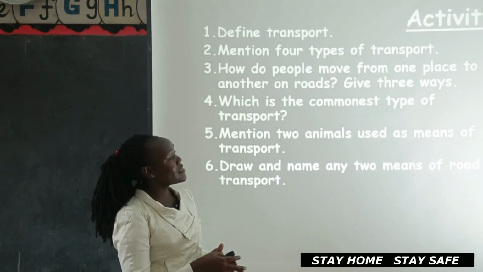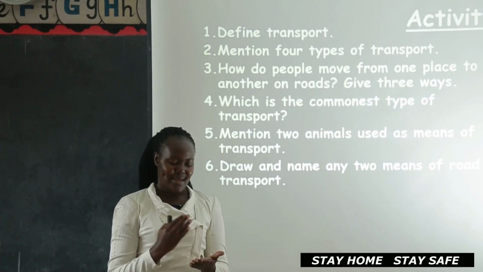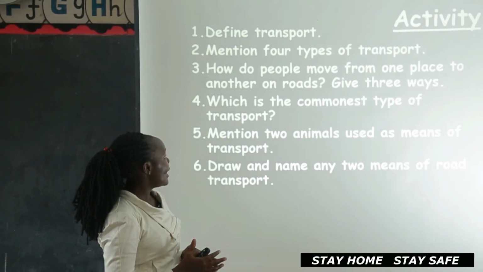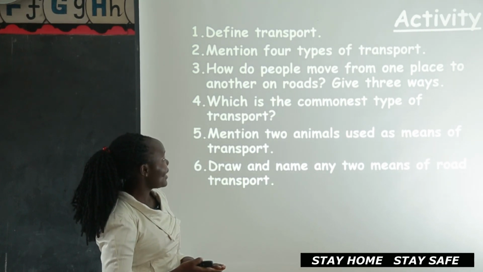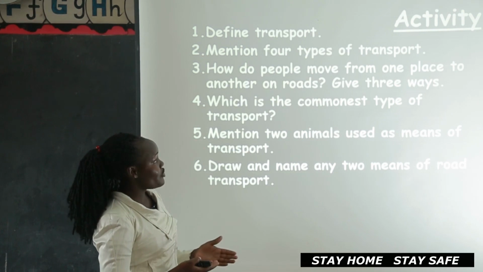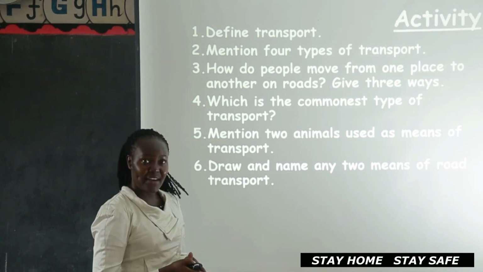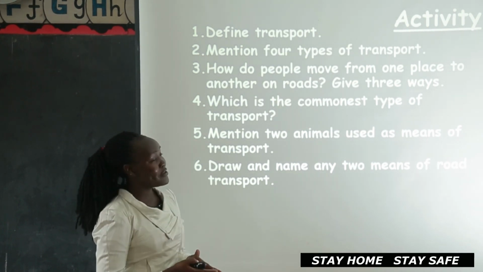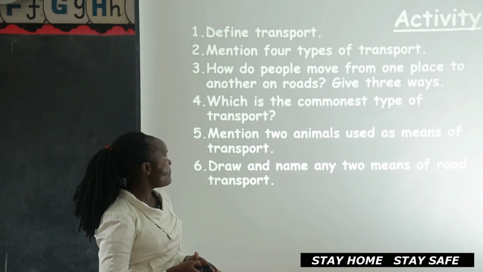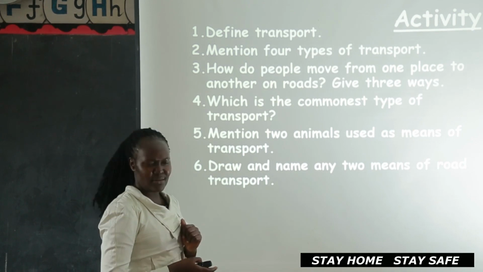So having looked at transport and road transport in detail, let's have an activity under transport. Question 1 reads, define transport. Define it. 2, mention 4 types of transport. 3, how do people move from one place to another on roads?